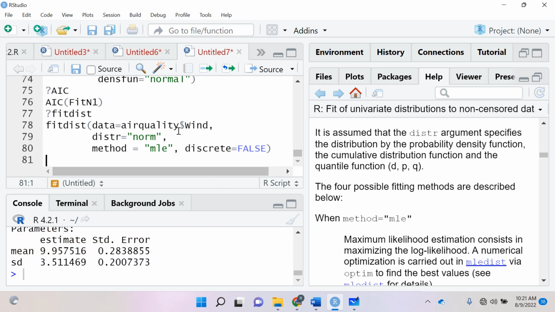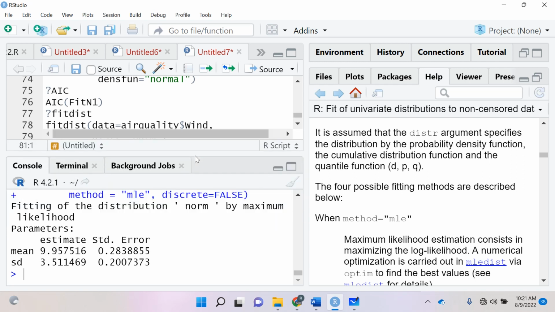Okay, so you see it's norm. The naming is very important. Fitting the distribution norm by maximum likelihood. Parameters, estimates, and then the standard error. The standard deviation is this, and the standard error. So that's how this is.